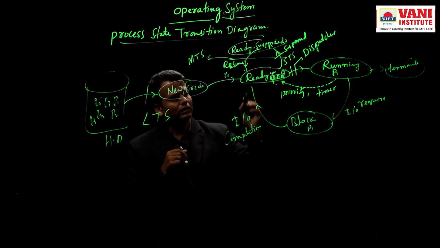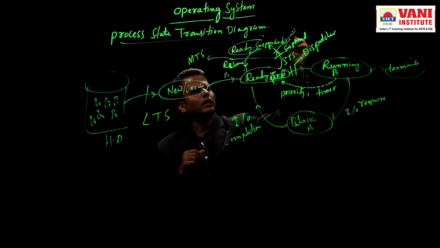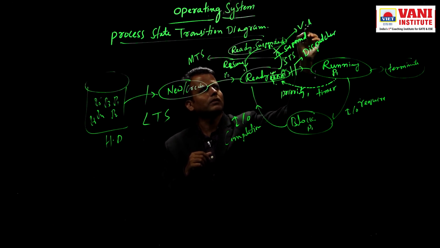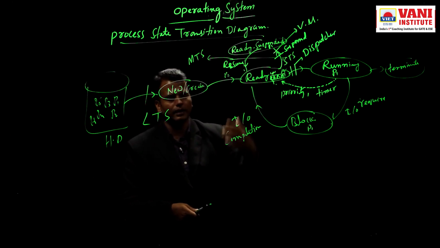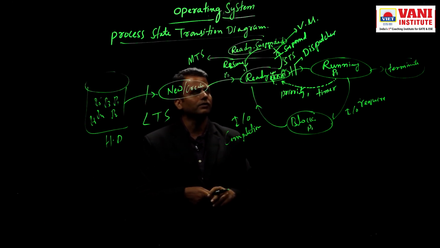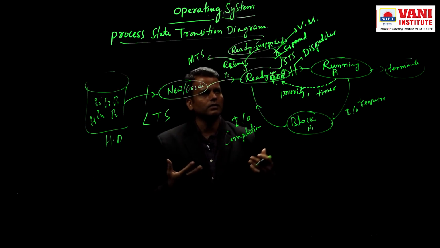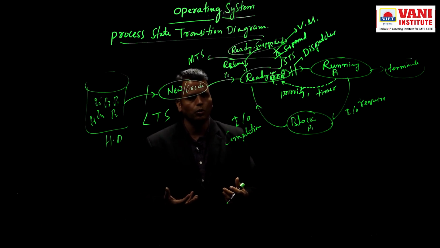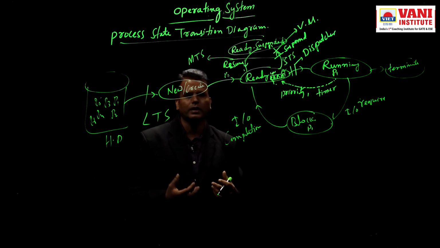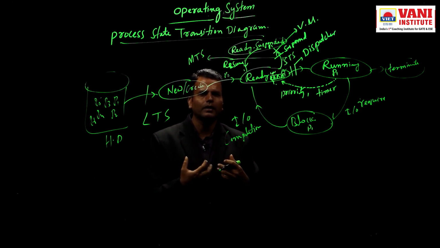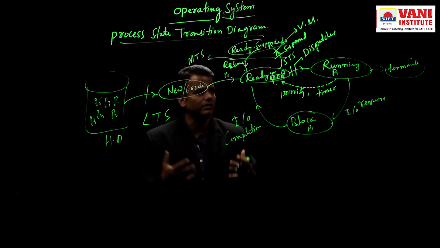So this concept is somewhere related with virtual memory, or not? Yes, it is related with virtual memory. If there is no ready suspended state or suspended state, can you say that this system is supporting virtual memory? No. Why? Because virtual memory means an approach that makes use of secondary storage as an extension of primary storage.